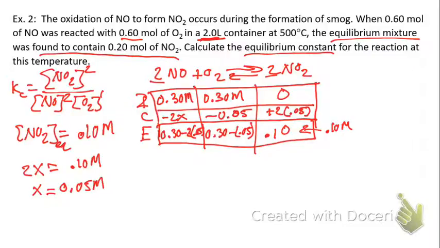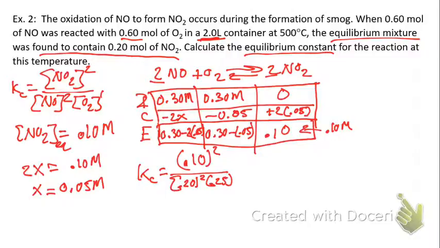Now I do my subtraction to find the equilibrium concentrations, and then I plug those equilibrium concentrations into my equilibrium expression. So Kc is equal to 0.1 squared, over 0.2, which is also squared, times 0.25.